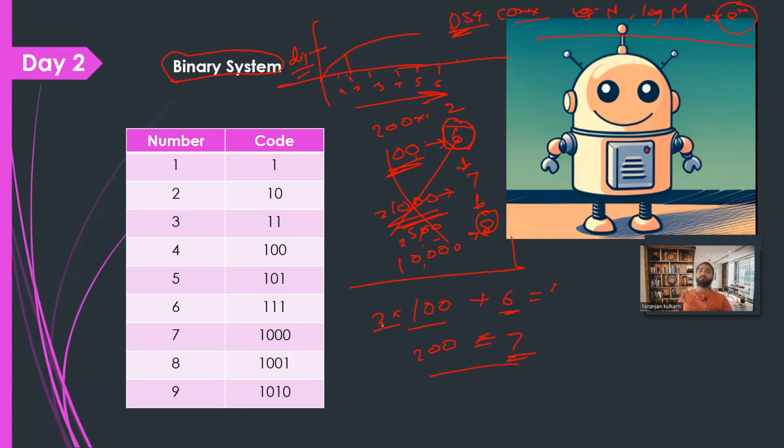If I again multiply by 2, just one more digit will be added. So even though the numbers are growing exponentially, the digits are growing linearly, 1 plus 1 plus 1. Therefore we'll have this type of graph.